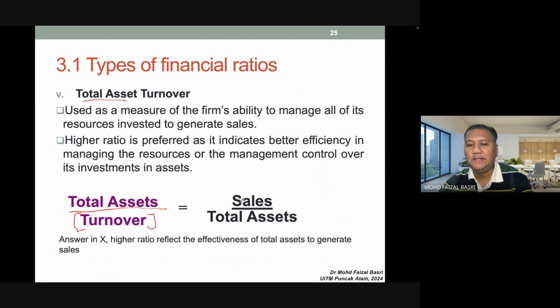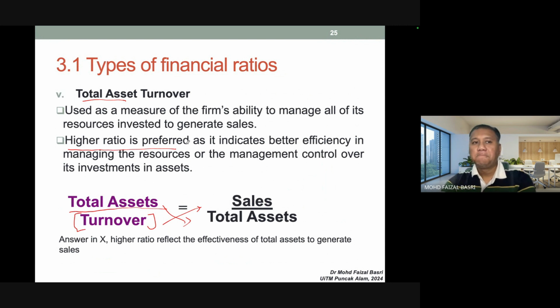Sales tu yang jadi numerator, denominator dia adalah yang kat atas. Dia macam bersilang lah. That's why turnover tu you boleh associatekan dengan dua itulah. Makna sales, and satu lagi you turn it over the position of the items dalam formula. But all turnovers, the higher the ratio, the better. The higher the ratio is more preferred.